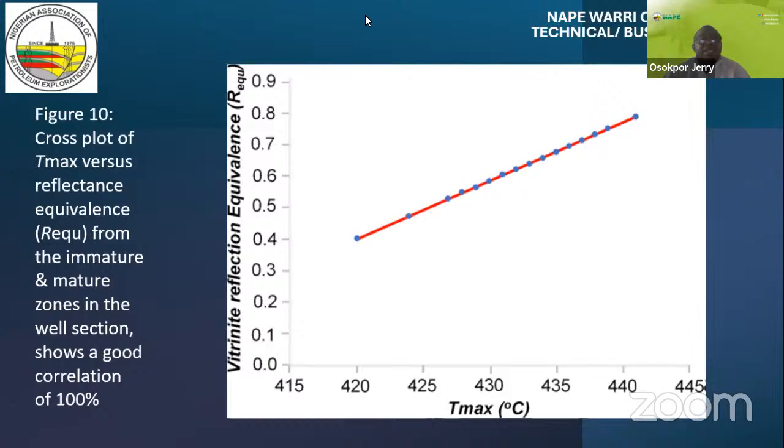Somebody will say, why is it that perfect? Why is it a straight line graph? It can only be a straight line graph if the data sets are correct. If what the reflectance equivalence is showing corresponds and correlates with the actual maturity for that stratigraphic level, then you're going to have a correlation. This was done after some other renowned works have been published. Next slide.